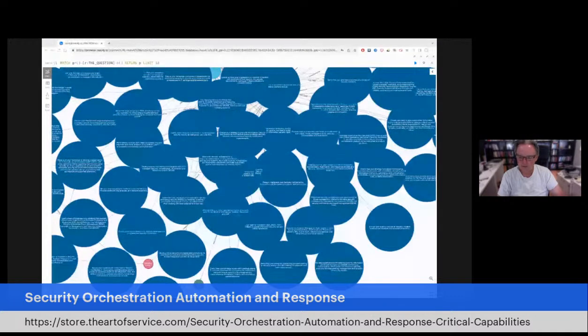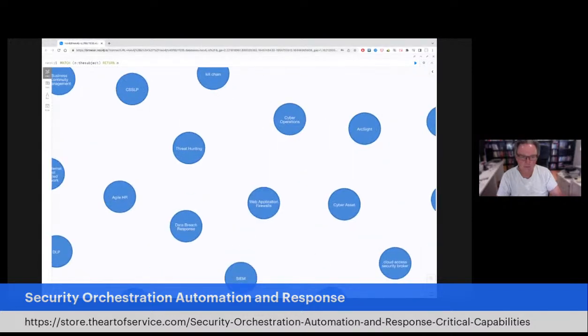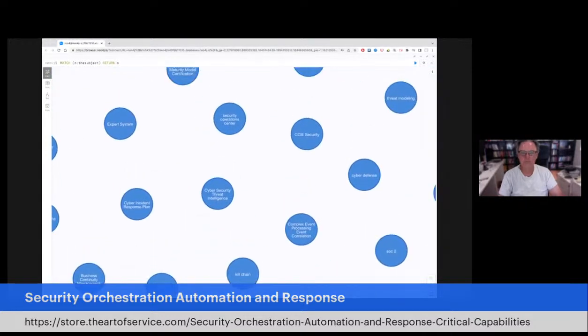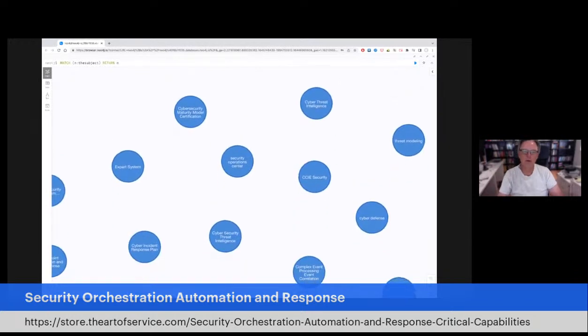So the other thing that's necessary to understand when you're talking about SOAR solutions is how it's related to each and every other topic that it's related to. It's not just SOAR by itself; it's an orchestration of what you need to do to manage your cybersecurity well.